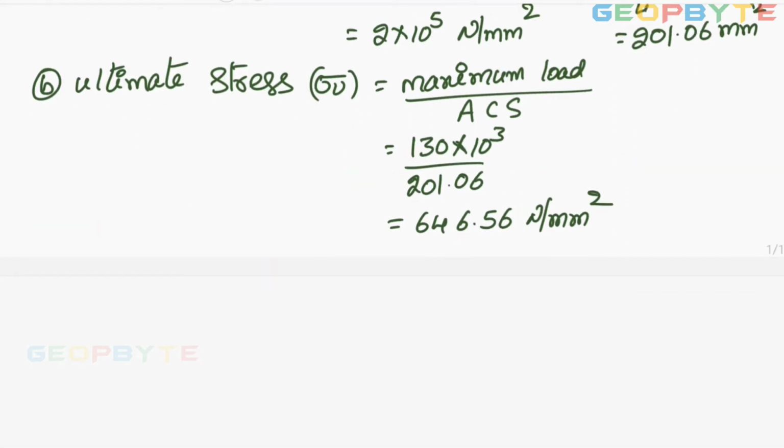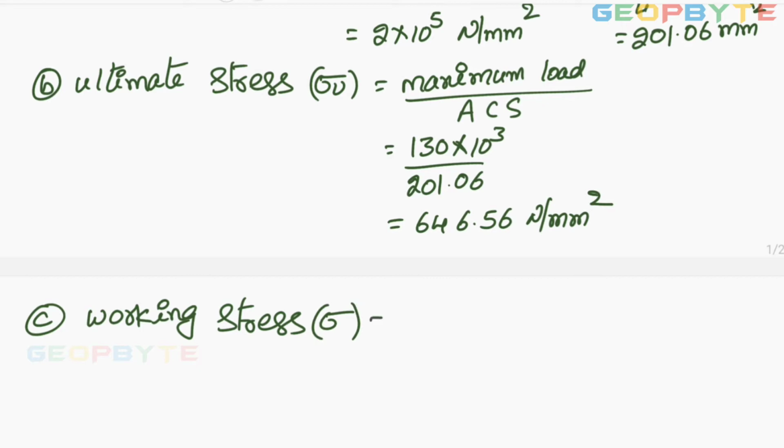Working stress can also be called permissible stress, written as sigma. Factor of safety equal to ultimate stress by working stress. From that, working stress equal to ultimate stress divided by factor of safety.